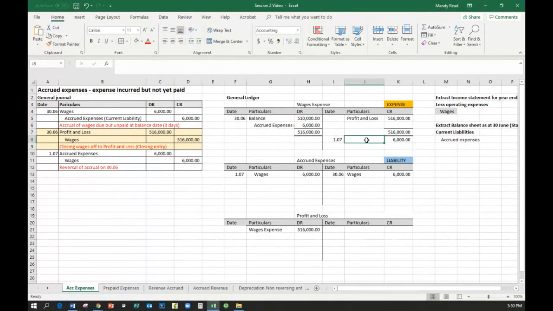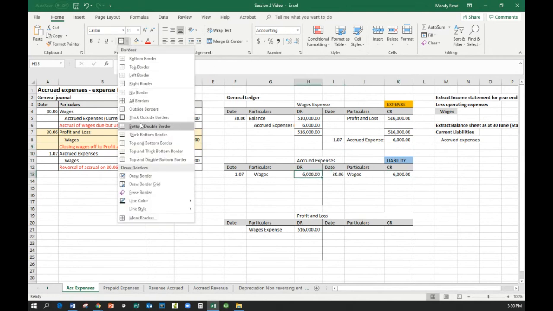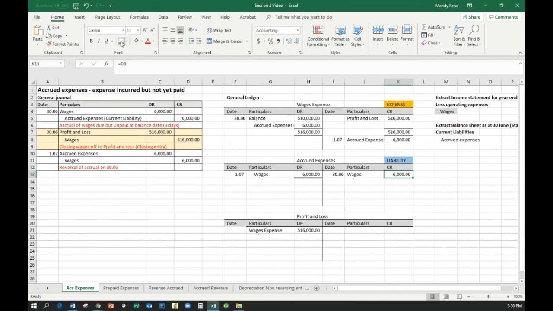The name of the account on the other side of the transaction that's being affected by this is accrued expenses. So now our accrued expenses, our liability account, you can see has now been balanced. It is reduced to zero. We also have an instance here where our wages expense account has a credit balance of $6,000.